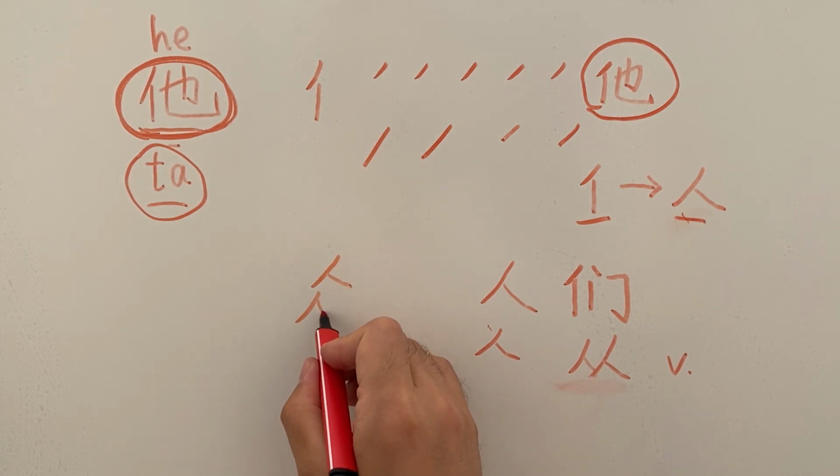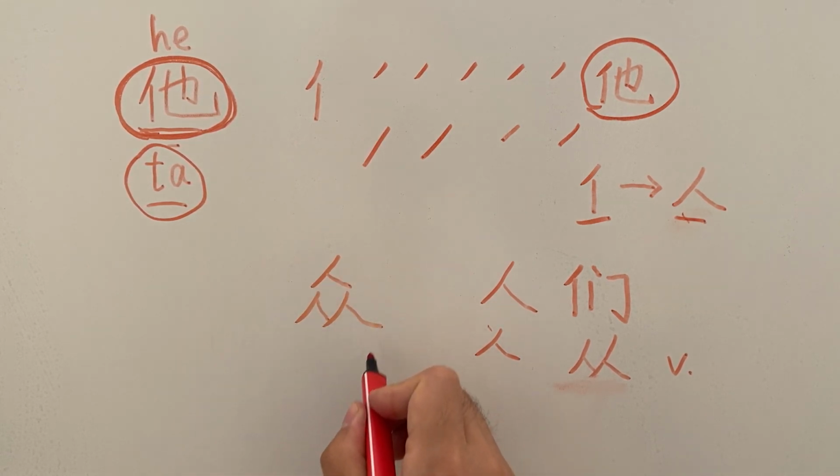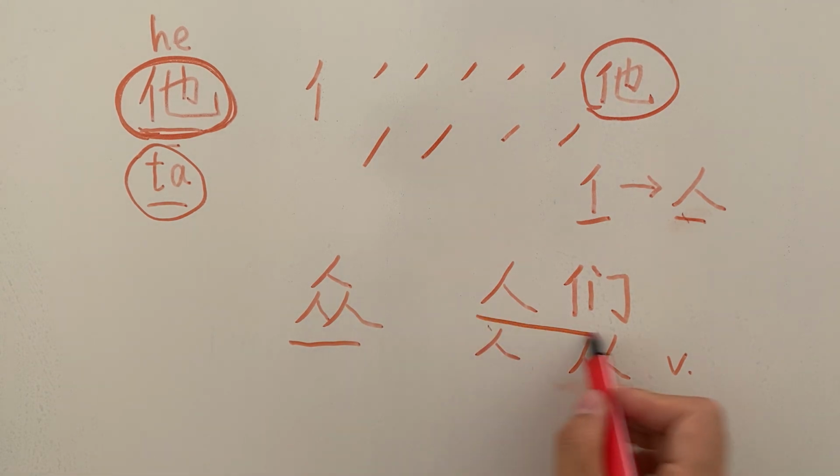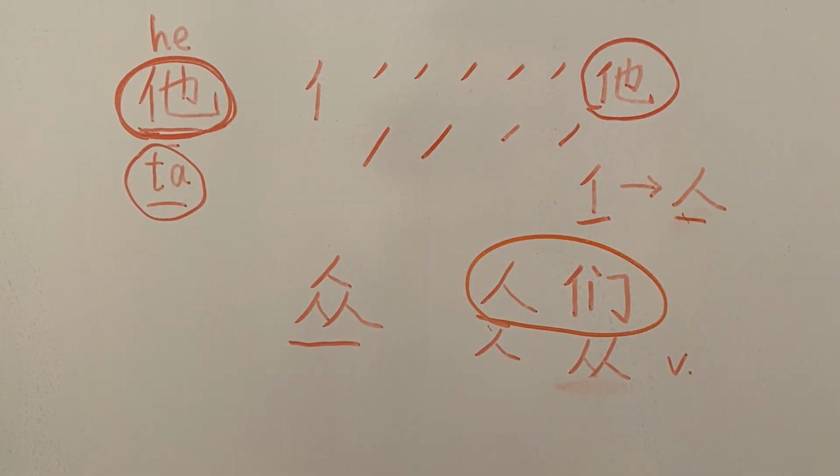Means 重. You can notice the order to write a Chinese word is from left to right or from top to bottom, right? This one is 重. It means a lot of people. It's an ancient word, old Chinese.